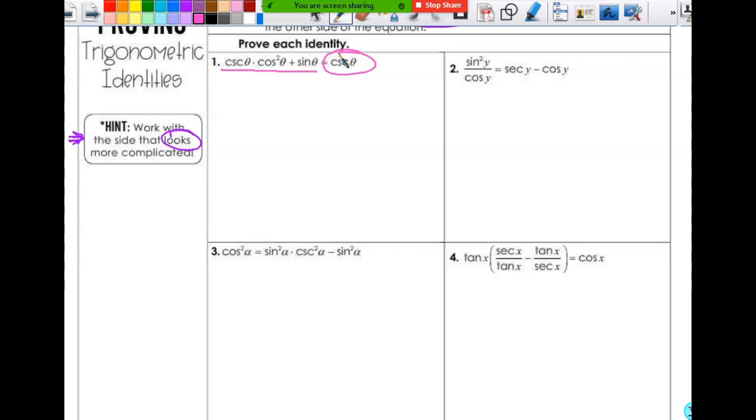I don't have any fractions or anything, but since this is cosine squared and this is sine, maybe if I go ahead and make this into cosine or sine, that'll help me get started. So I'm going to take cosecant and make it into 1 over sine times cosine squared theta plus sine theta equals cosecant theta.